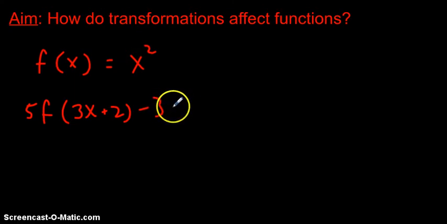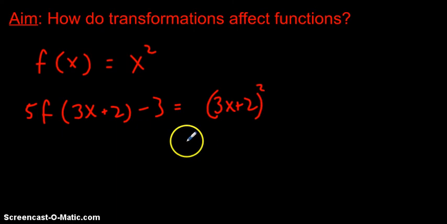This would be the same thing as saying, so we've added a value to x, subtracted a value from y, multiplied x by a number, and multiplied y by a number. So that would simplify to be f of x, well, that would actually be 3x plus 2 squared, which is 9x squared, 6x times 2 would be 12x plus 12x plus 4.